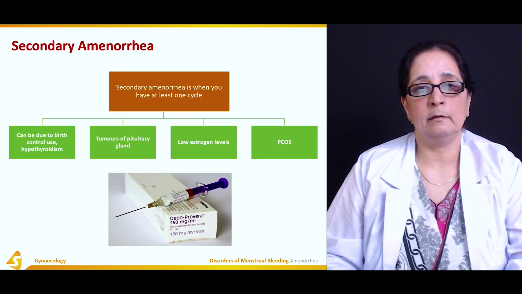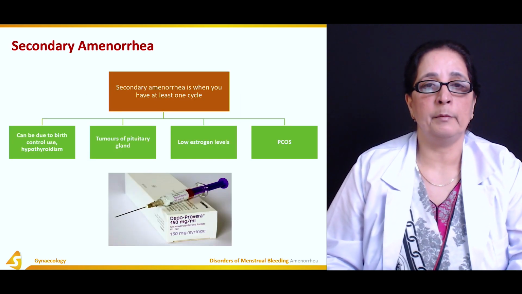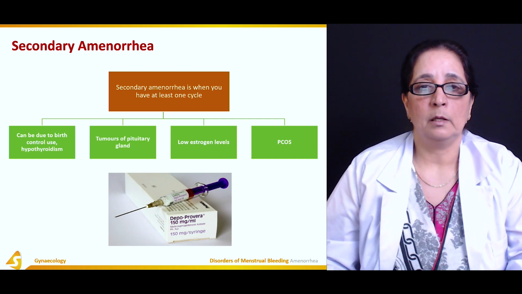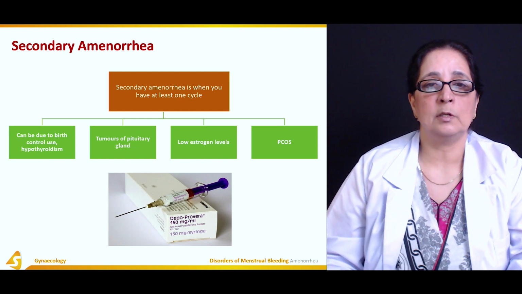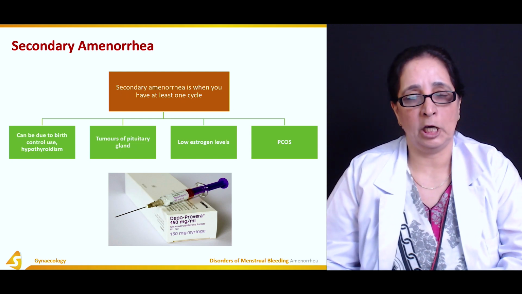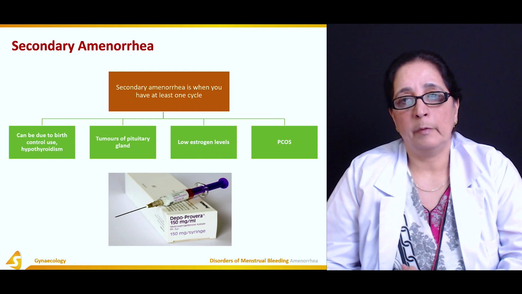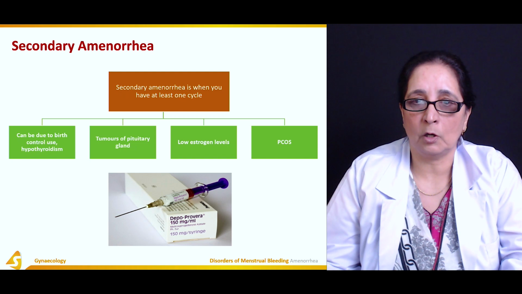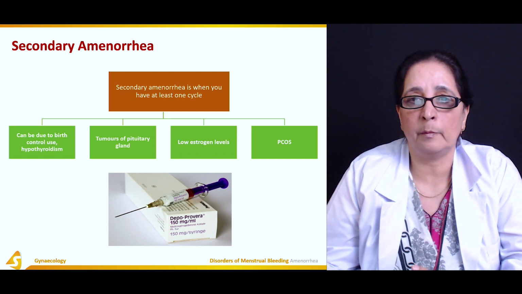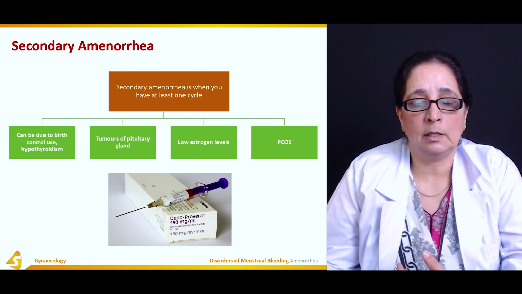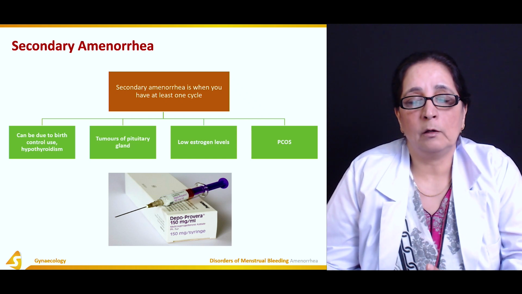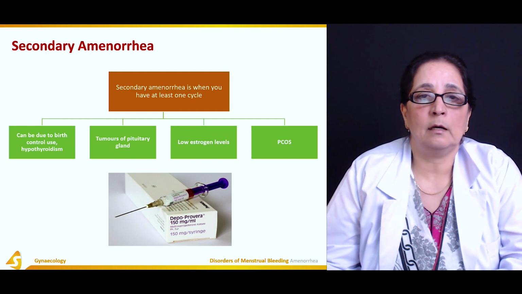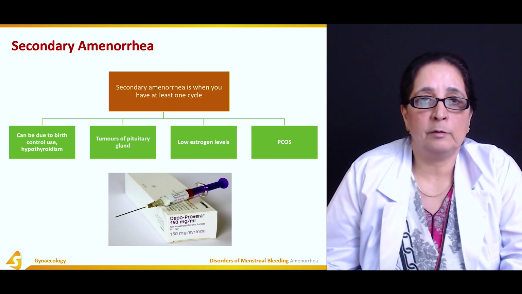Next is secondary amenorrhea. Secondary amenorrhea is due to some causes. Regular menstrual cycles started at the normal age, but after 1, 2, 3 cycles, it stops suddenly, or maybe they stop at a later age in later life. The causes of secondary amenorrhea are mainly contraceptive problems.